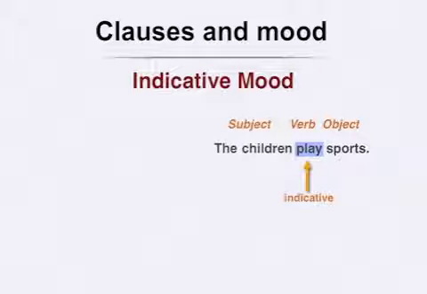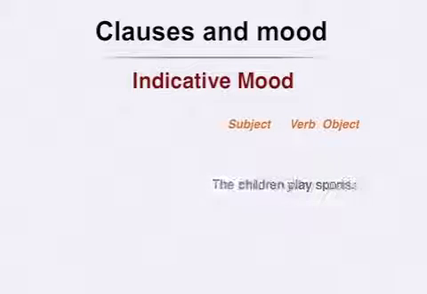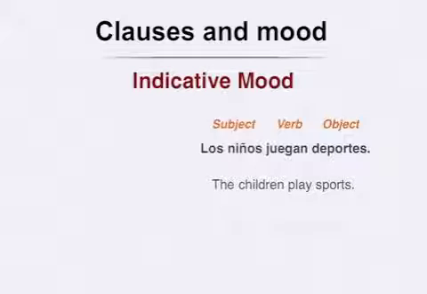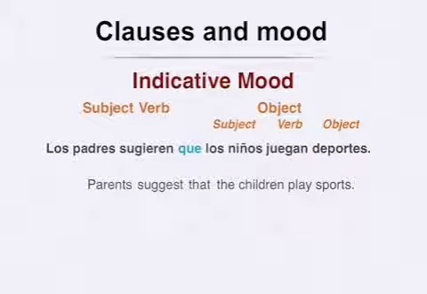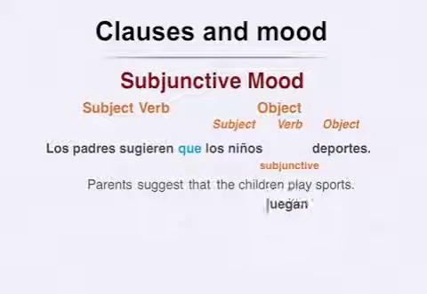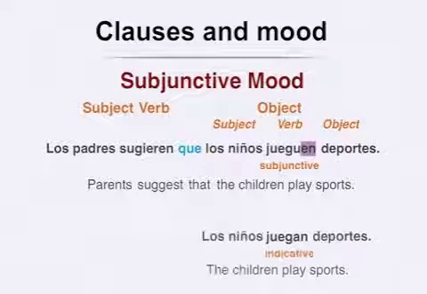In Spanish, on the other hand, the indicative mood of all verbs has one set of forms, while the subjunctive mood of all verbs has another set of forms. And this is true for all verb categories and all verb classes.